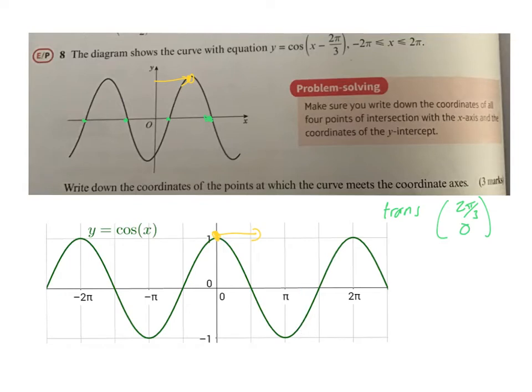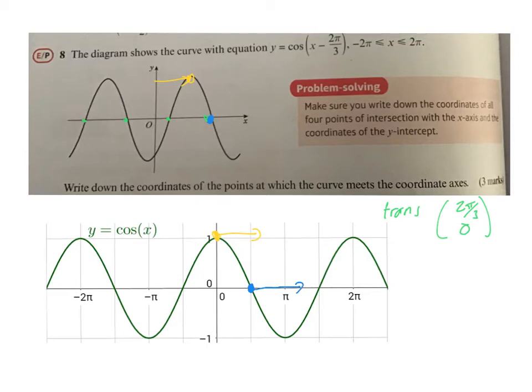Okay, so I'm going to try and first work out what this point is. This point here, this point I'm marking there, moved across 2 pi over 3.